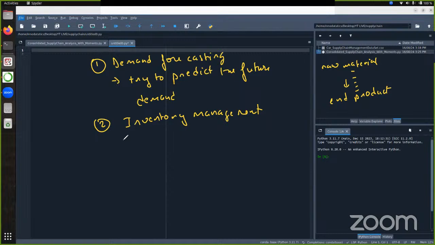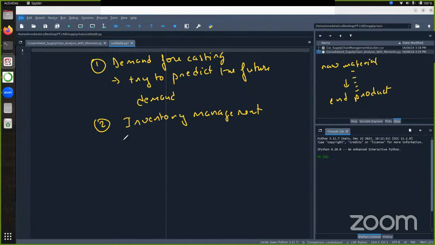We need to reduce our holding costs, because keep in mind that when you place some product in stock and it is sitting there, it is going to cost you. Where is this cost coming from? You might say it's just occupying space, but that occupation of space in itself is the cost.